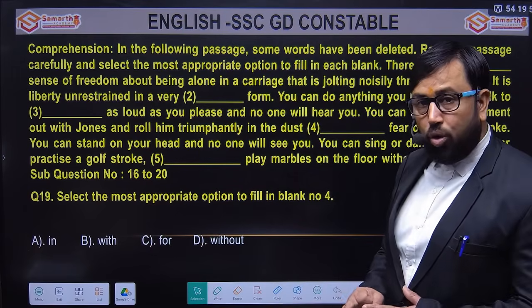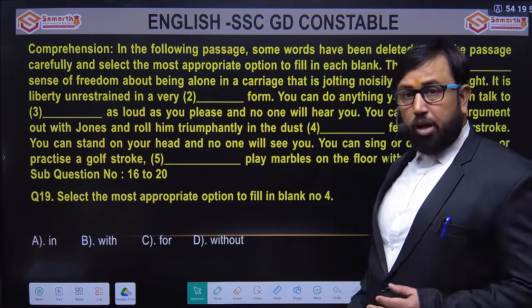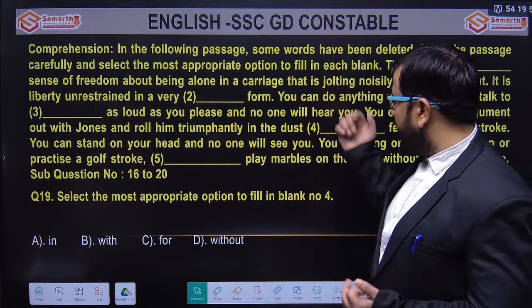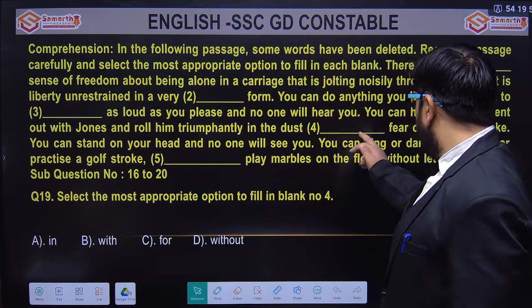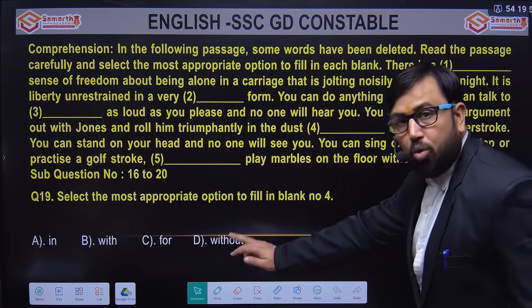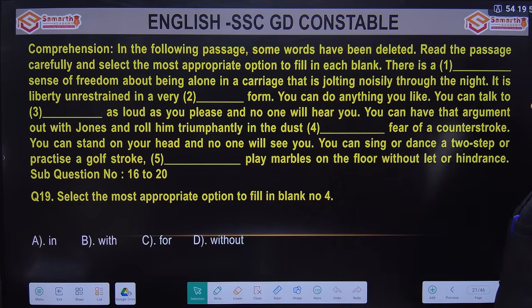Again, as I told you, this whole passage is giving a positive vibe. We have seen that in the blanks also. So we will talk about being without fear. It should be in the dust without fear of a counter stroke. So without is the right answer here.